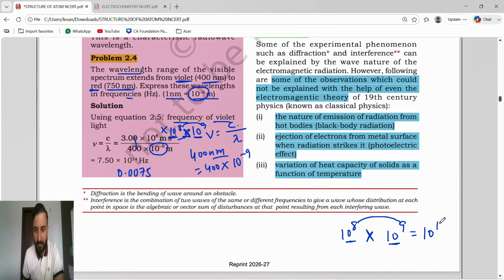8 plus 9 is 17, so you will get into 10 to the power of 17. Frequency means hertz.